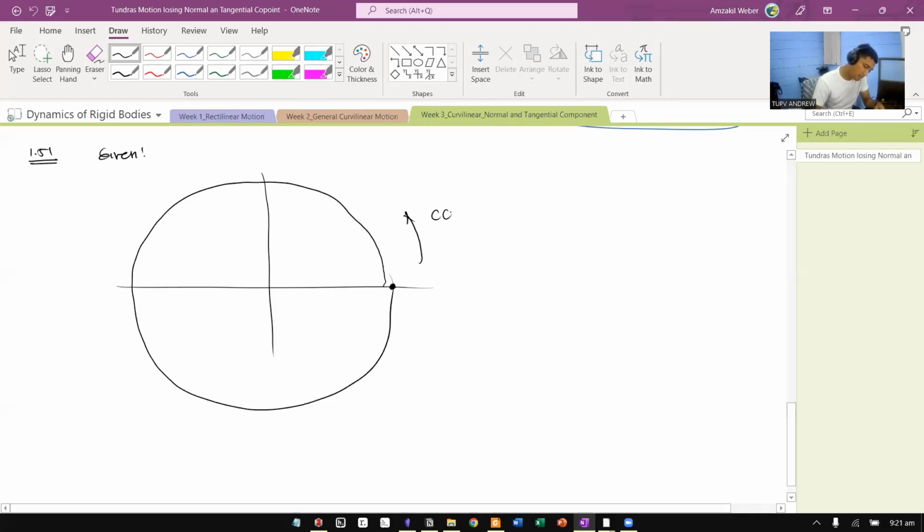But the distance here is s. S is the arc.